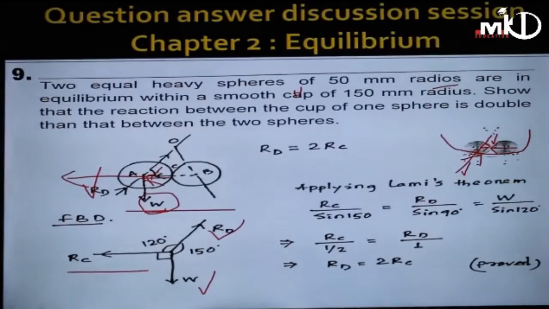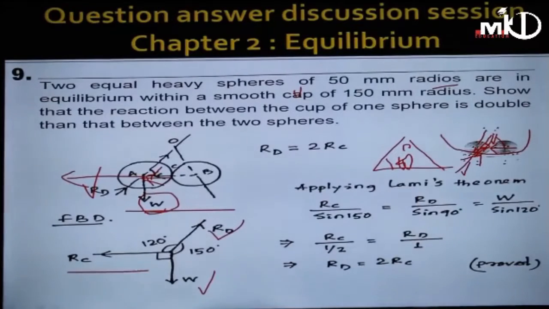So you know this total is 150 minus 50, the radius of the ball, so the remaining is 100. This is 100. So 50 radius, again 50 radius. So now it becomes an equilateral triangle 100, 100 and 100. So each angle is 60 degrees.